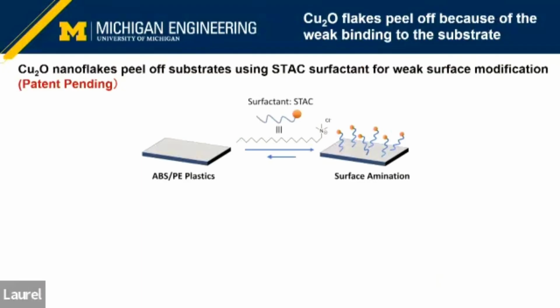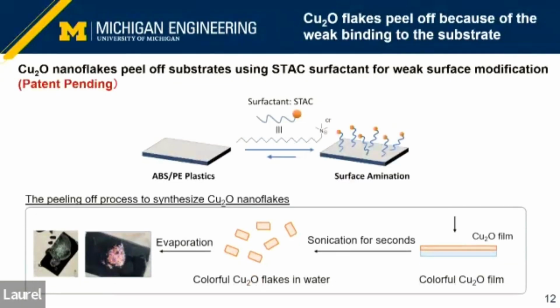The reason why it will peel off is because the connection between the cuprous oxide and the substrate is weak, but it's not that weak. So in the first place, it is able to form a uniform layer. But also in the second place, if you use the sonication, it is able to be reversibly peeled off the substrate. And the reason why it happened is because we use a surfactant to do the surface processing.